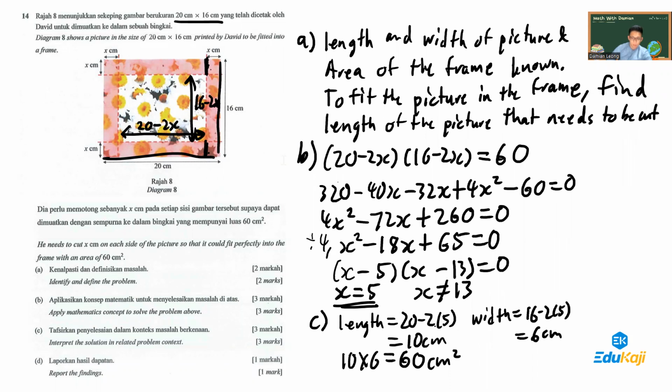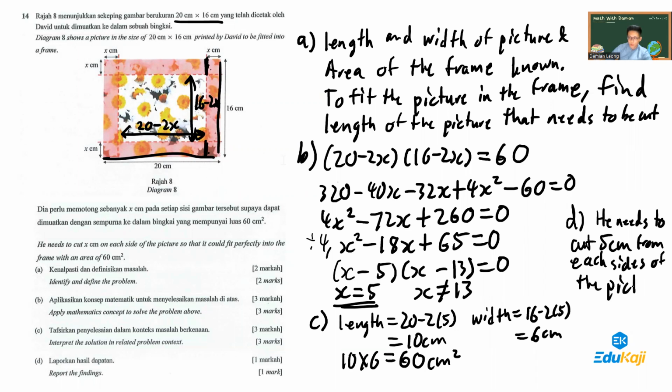And then report the findings. So the x value that he needs to cut is 5. In other words, he needs to cut 5 cm from each side of the picture.